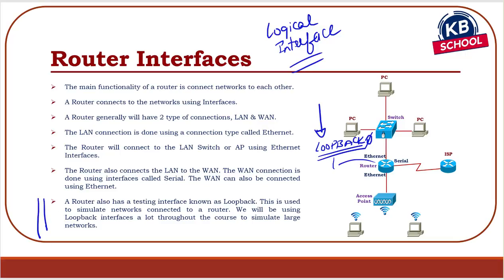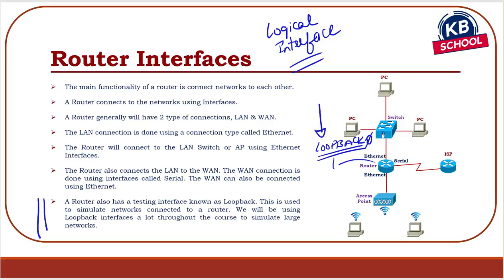So the router also has a testing interface known as loopback. This is not a real network. It's a fake network to see, if a router had so many networks on it, how would it fare? So we'll be using loopback networks a lot throughout this course and other courses to simulate larger networks by adding more loopback networks.